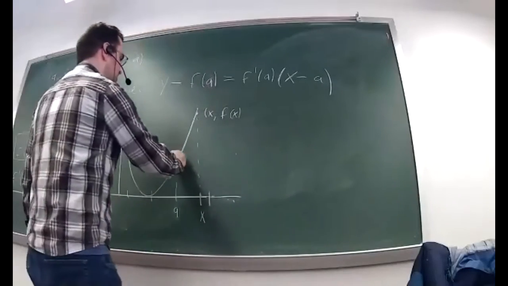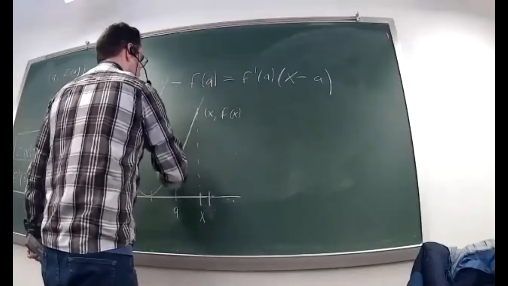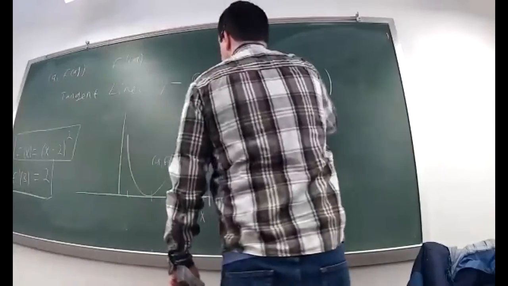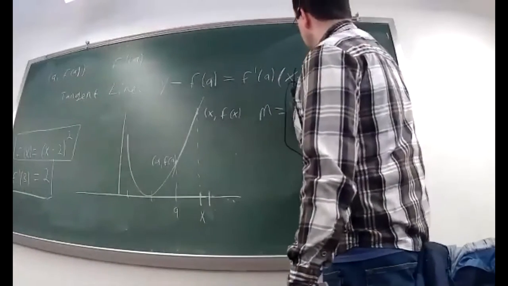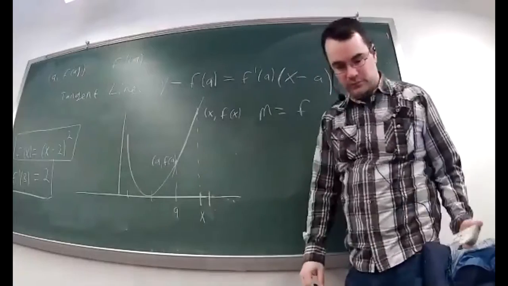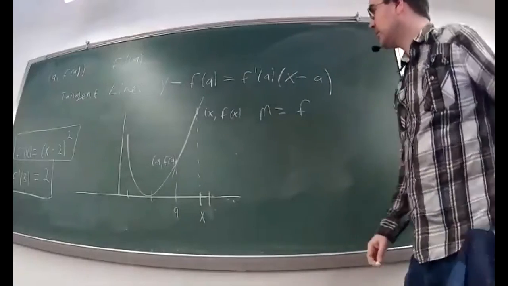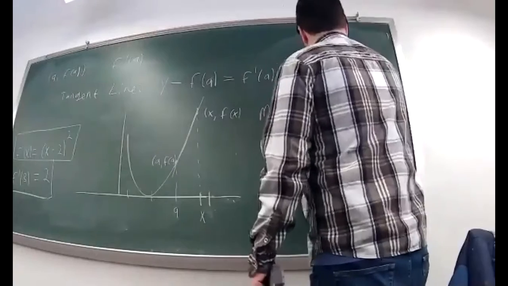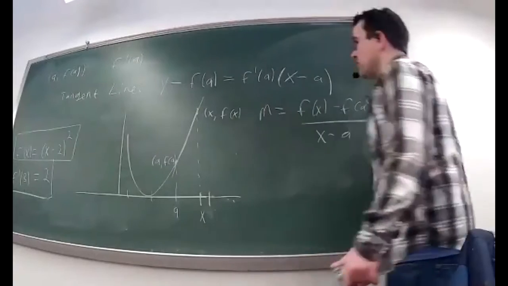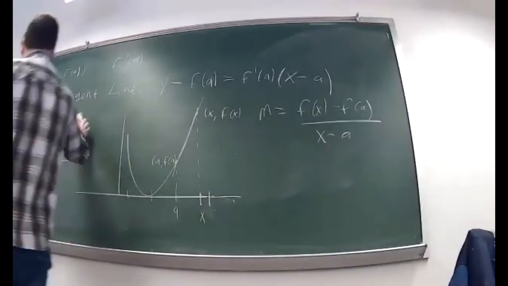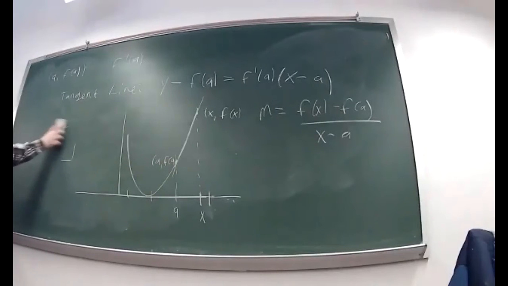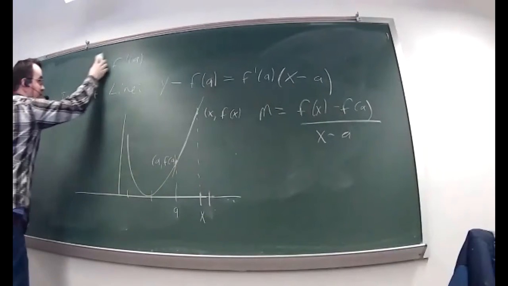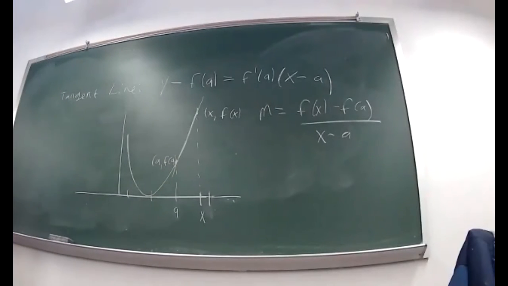You draw the secant line between these two points, and you see the slope is going to be f of x minus f of a over x minus a. Just because you've used some different notation, but it's the same thing.